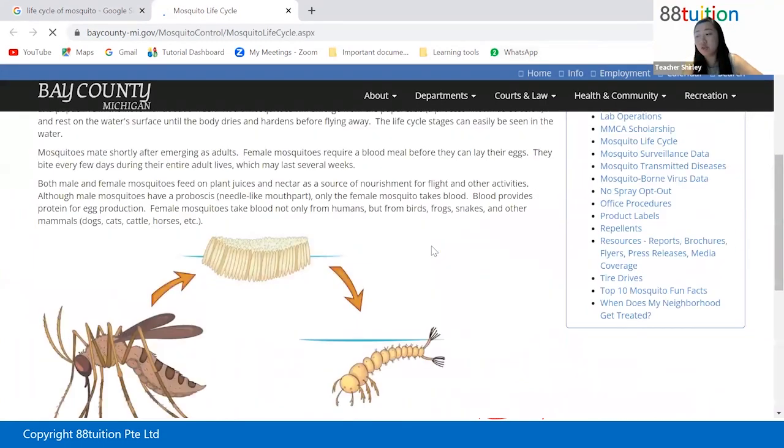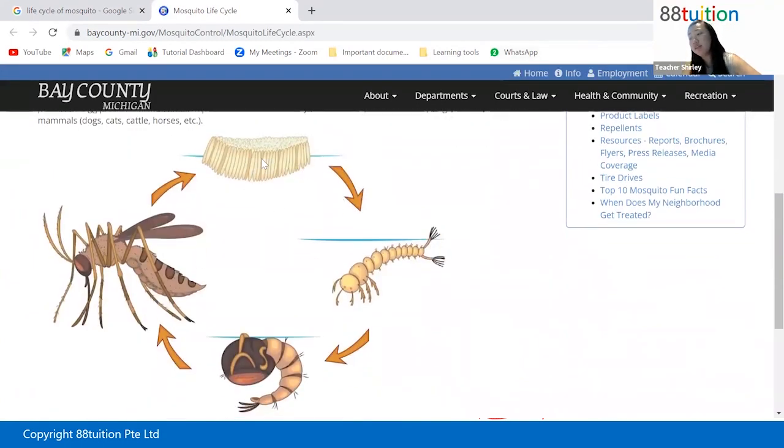Okay, so the eggs are here on the surface of the water. This is the larva, which is the wriggler. This is the pupa, okay? And lastly, this is the adult mosquito. That's why they say it's very important to pour away the stagnant water, because that is where the eggs can be laid and they will develop slowly into the adult.